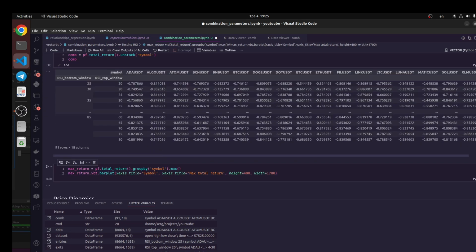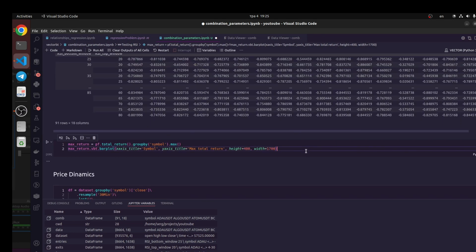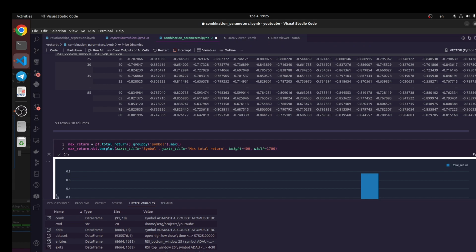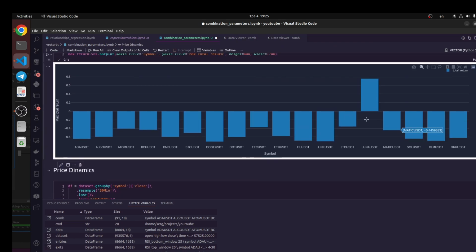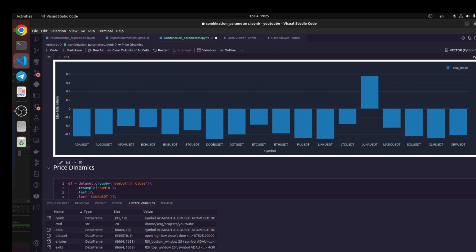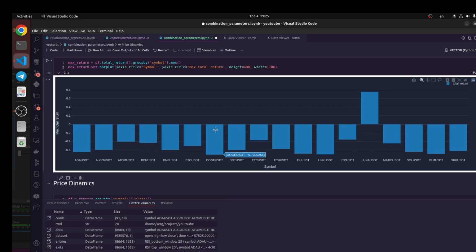Okay, let's do some plotting, and let's look at how it's working. Okay, RCI working, another strategy not working. You see, all these combinations are not working for each of these tickers, because we have a downtrend for the last half of year for the cryptocurrency market, but Luna USDT is working.